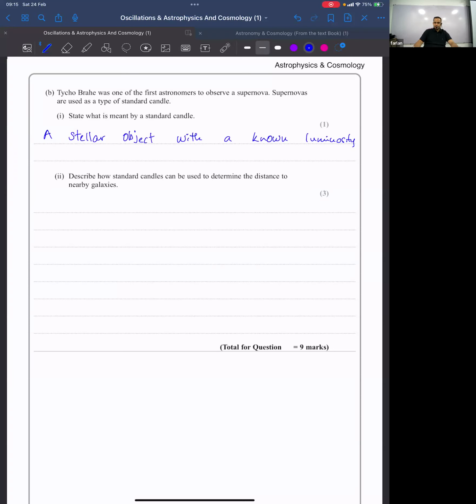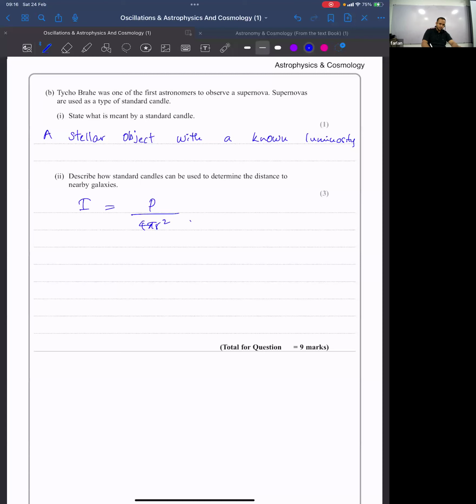Describe how the standard candles can be used to determine the distance to nearby galaxies. So guys, if you know the luminosity, we have this equation: intensity is equal to P over 4 pi r squared, inversely proportional to the square of the distance.